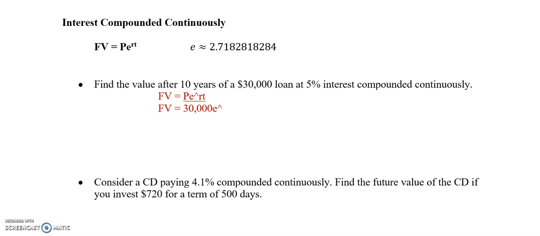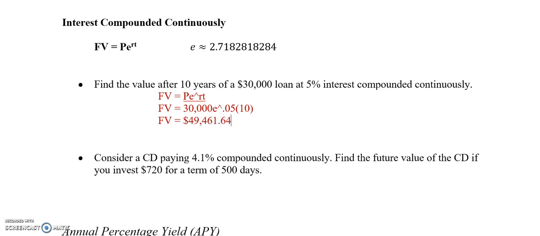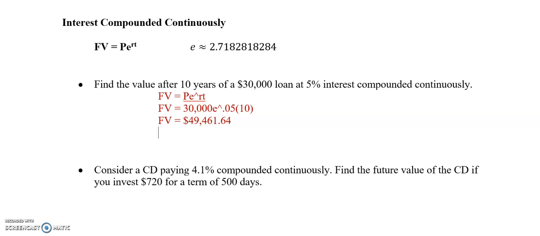And then RT, well, R is our rate, so 5% as a decimal, times T in years, which would be 10. So we can now put all of this into our calculator, and we get that the future value is equal to $49,461.64.